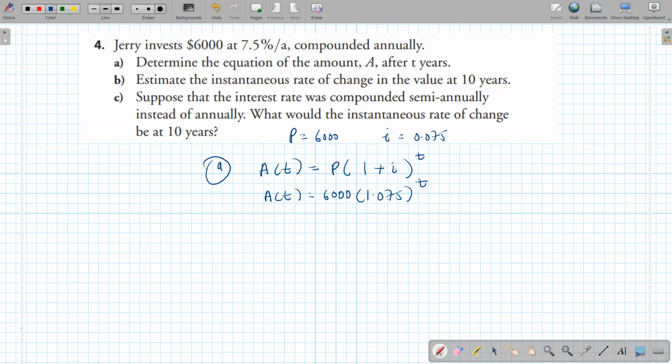Part B. Find the instantaneous rate of change at 10 years. So what do we do in part B? It's asking us to find the IROC when time is 10.